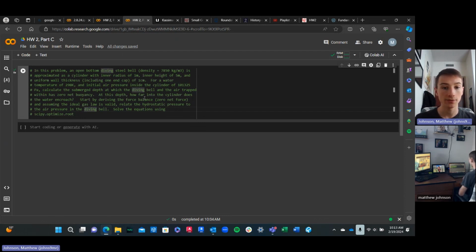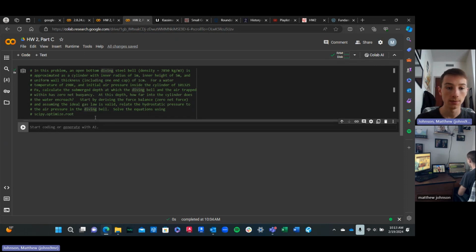At this depth, how far into the cylinder does the water encroach? And that's the variable Z. So every other variable we've put in these equations is defined somewhere in this problem, or we'll make a definition for it in the code. We're just going to be solving for D and Z, and we're going to do that with the scipy.optimize.root function to find both of those.